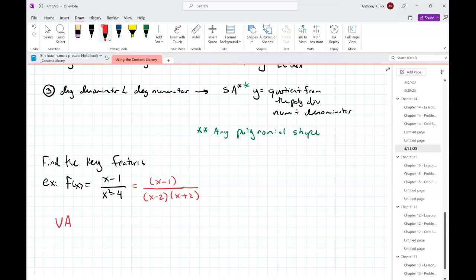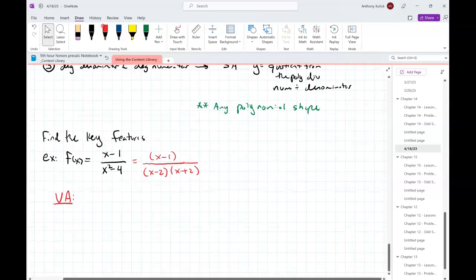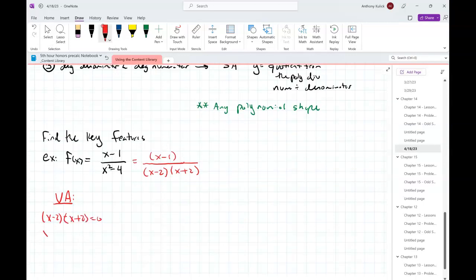So we'll start then by getting the vertical asymptotes. How do I do that? So I have x equals 2 and x equals negative 2. How about the removable discontinuities?